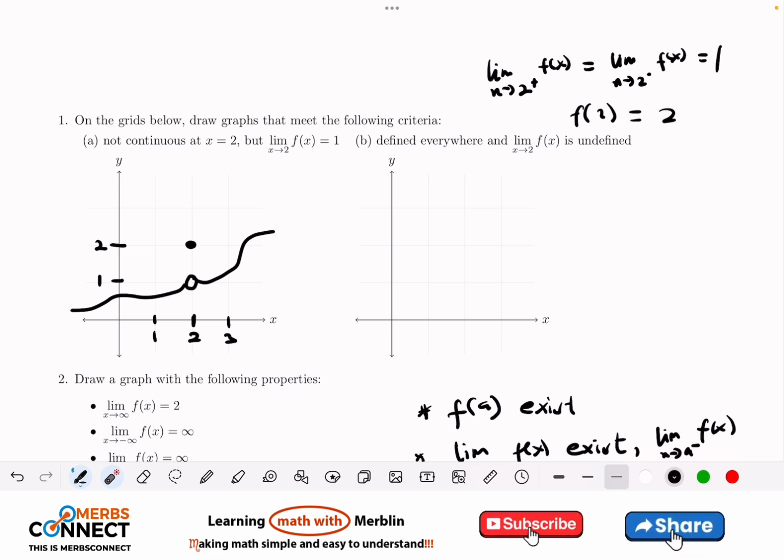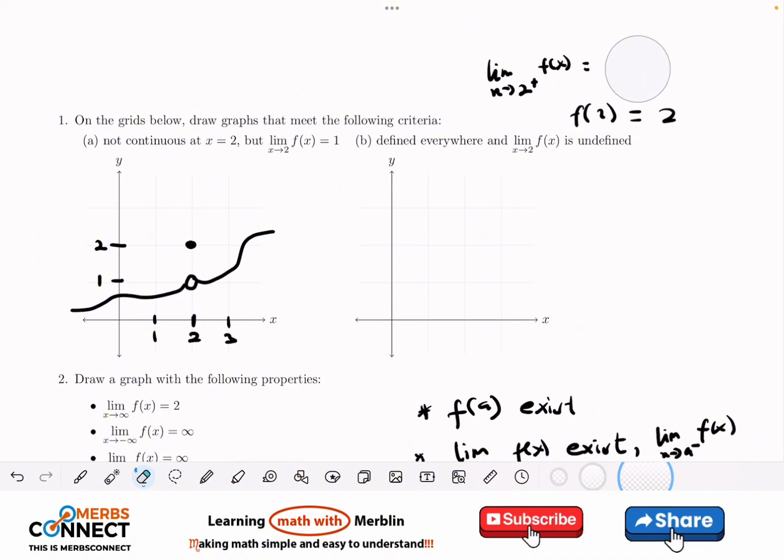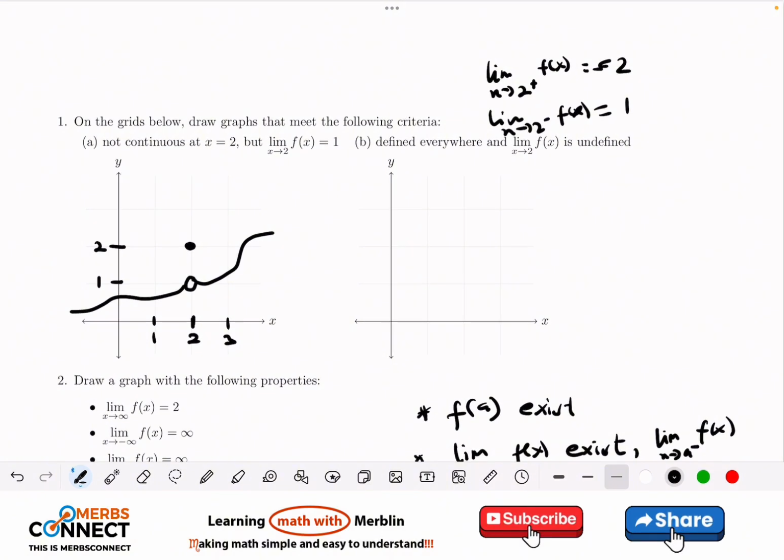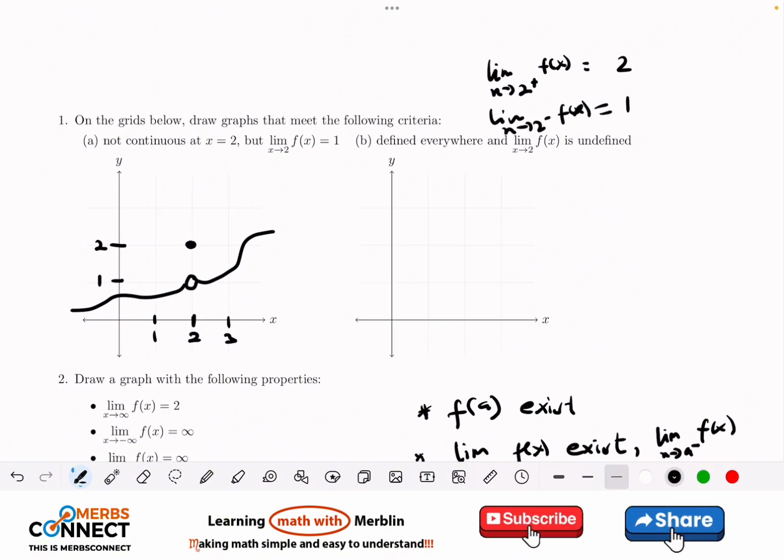So here limit as x is approaching 2 from the positive side, we can say that that one is equal to 2, right? And limit as x is approaching 2 from the negative side of f of x is also equal to, let's say, 1. So you see that since they are not the same, there is a jump. So what you need to do is, anytime you are doing something like this, you pick the x.